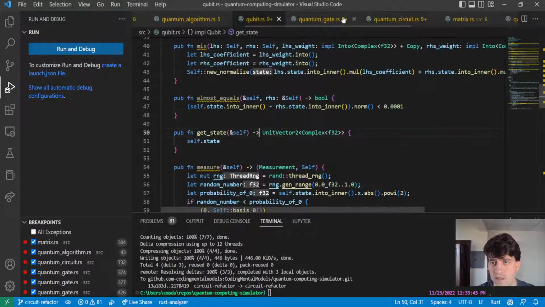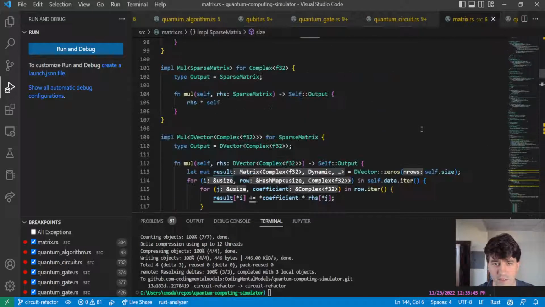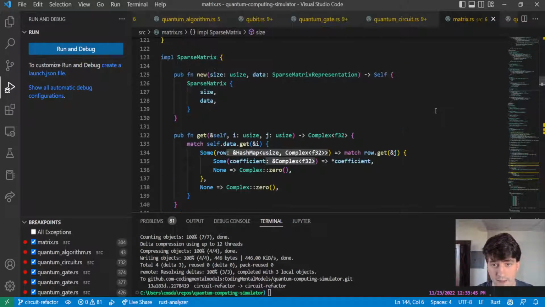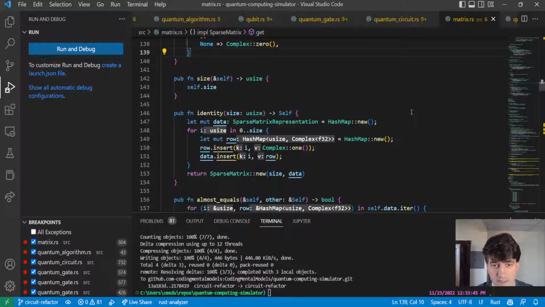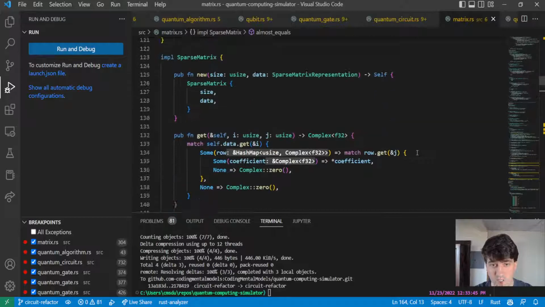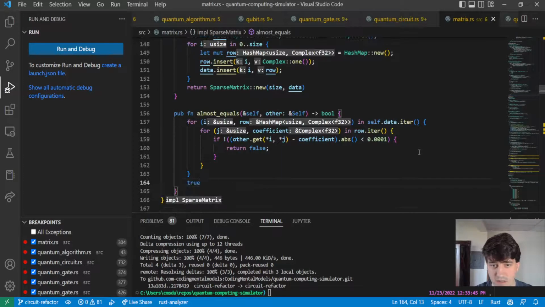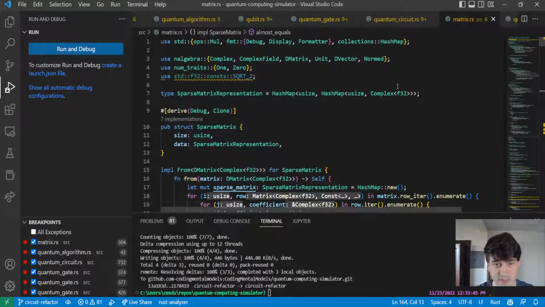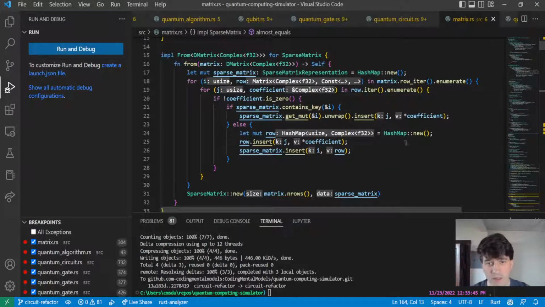Let's check out what else we can do in matrix to speed things up. So get is already nice. Identity now is nice. Okay, so all of our functions in sparse matrix are happy. It's the functions in square matrix that might not be.